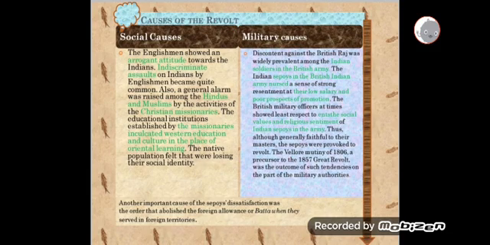Thus, although generally faithful to their masters, these sepoys were provoked to revolt. The Vellore Mutiny of 1806, a precursor to the 1857 Great Revolt, was the outcome of such tendencies on the part of the military authorities. Another important cause of the sepoys' dissatisfaction was that they abolished the foreign allowance or batta when they served in foreign territories.